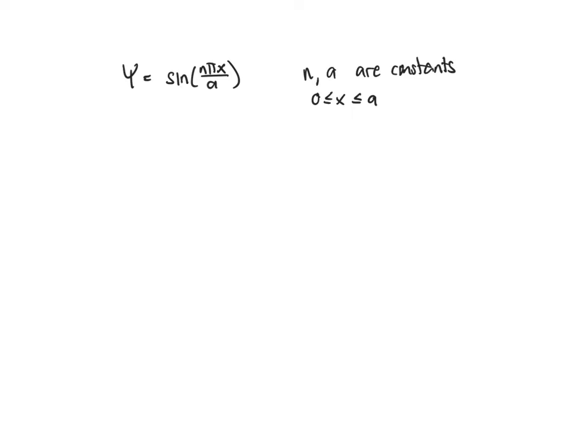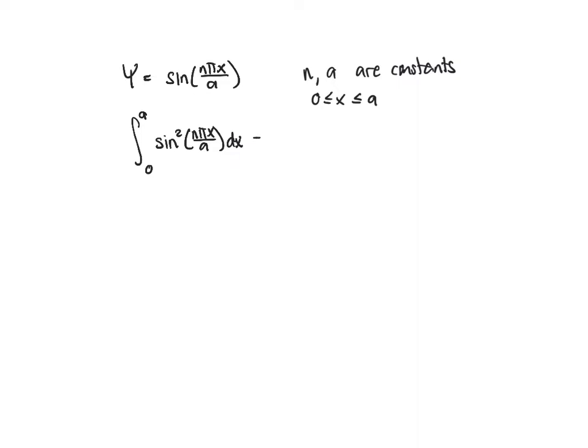So all space means that I'm going to integrate from 0 to a, all values of x. Now notice that this is not an imaginary wave function, so psi star is just equal to psi. So I'm going to take psi times psi, which gives me sine squared n pi x over a dx.